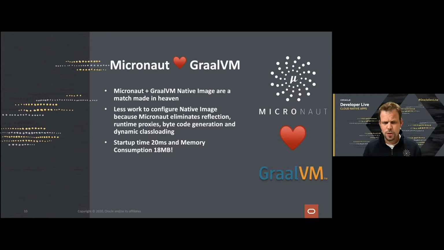And once you've computed your application into a native image, the startup time of Micronaut is phenomenal. It's down to 20 milliseconds and consuming only 18 megabytes, which is orders of magnitude better than the JIT version of running within the Java virtual machine, with the trade-off of reduced peak performance that you get with AOT.